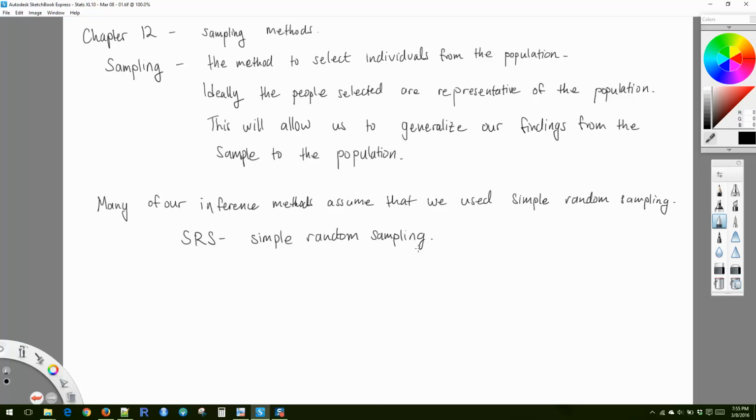With simple random sampling, the way we do this is we need to have a list, or what we call a sampling frame. The sampling frame should be a list of everyone, all things in the population.